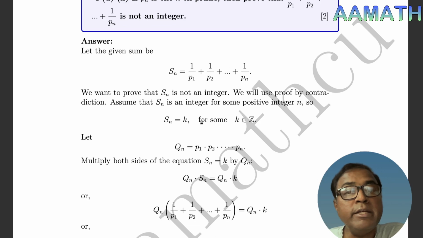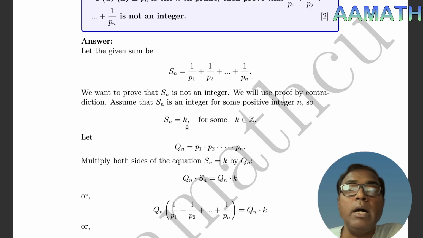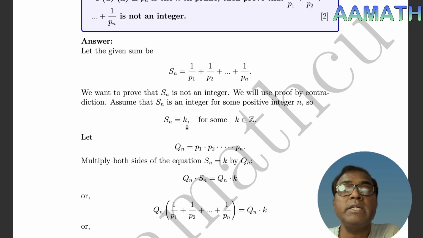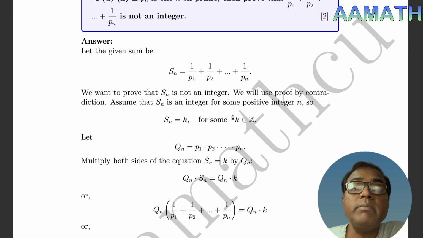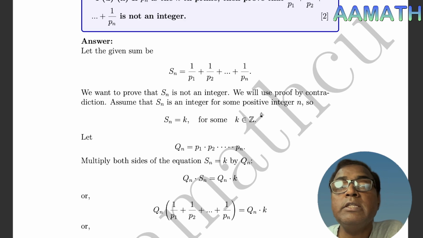Assume Sn is an integer for some positive integer n. So Sn equals k for some positive integer k, that is, k belongs to Z plus.